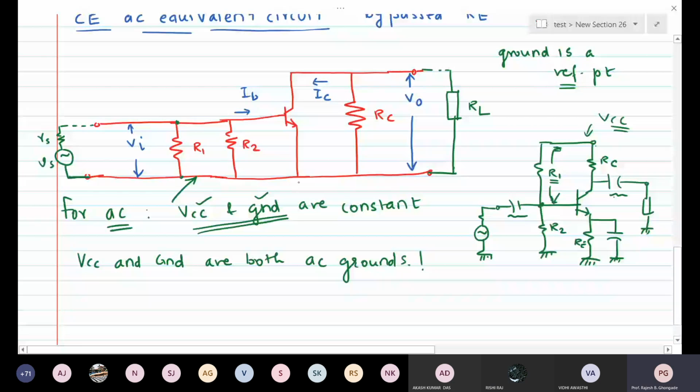Nothing different. What we require is a reference point, and the lowest point naturally for AC in this case is this point. Why we have connected it here like this, and so this becomes your AC ground. And in addition to that, we have also said that VCC and ground are both AC grounds for AC signals only.